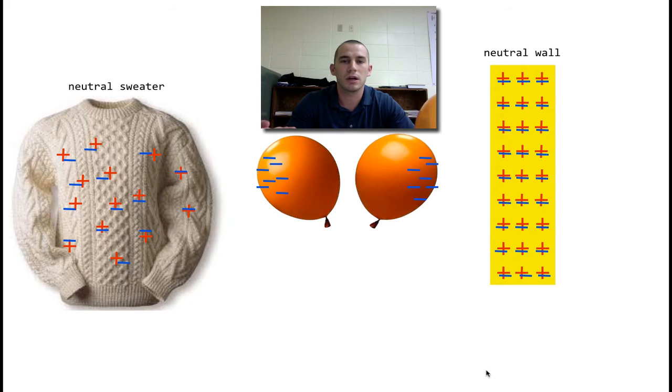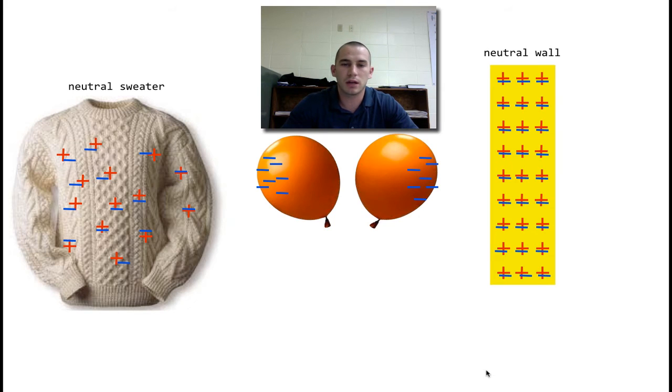Compared to the Earth, you can have a really small object and still see the effects of electric force. The gravitational force between me and the balloon here would not be large enough to really see those effects. Electric forces are actually trillions and trillions of times larger than gravitational force.